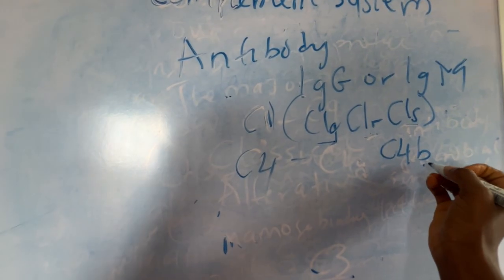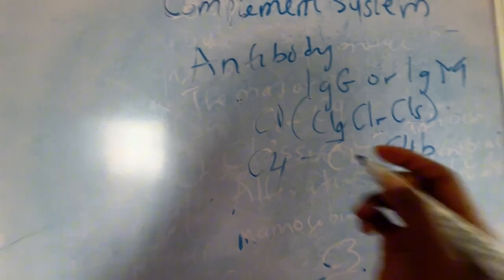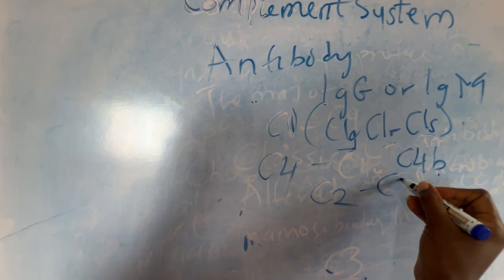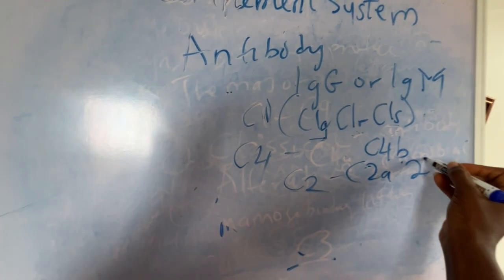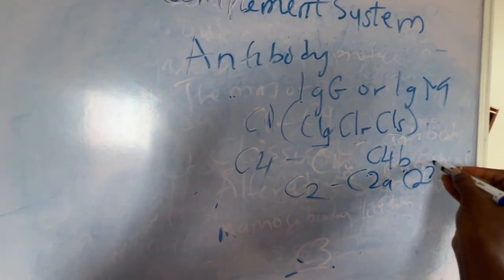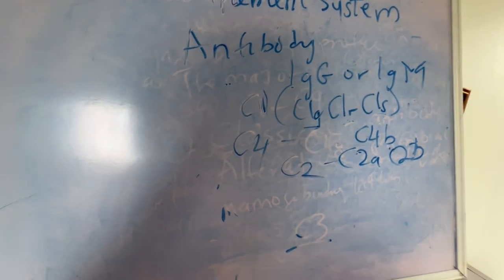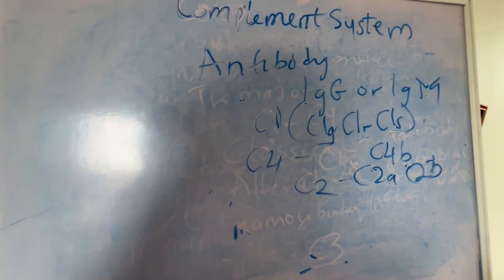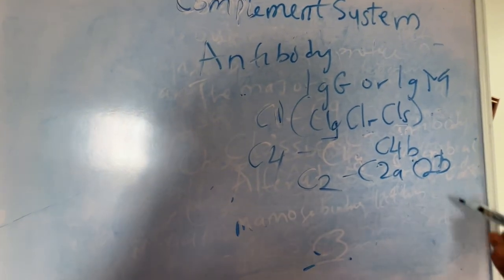The activation of C4b leads to the cleaving of C2 into C2a and C2b. Remember that we have said the larger fragment is usually the b and the smaller fragment is the a. But for C2, the larger fragment is the a and the smaller fragment is the b.